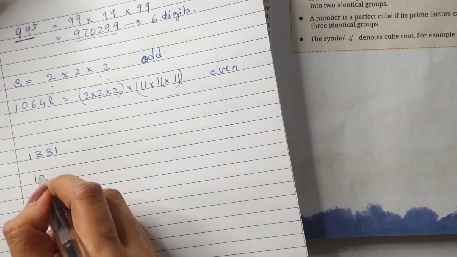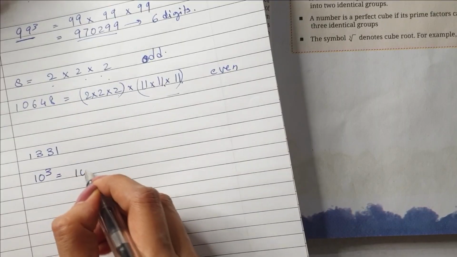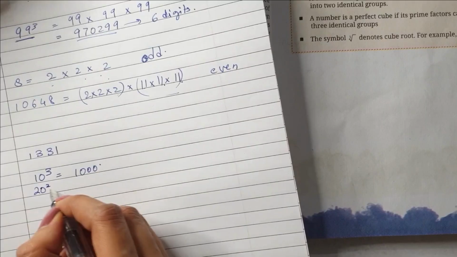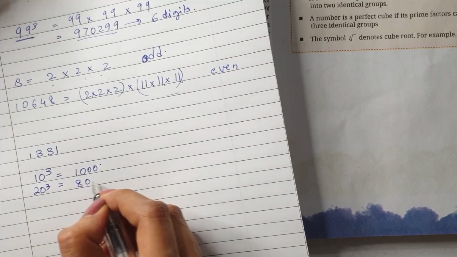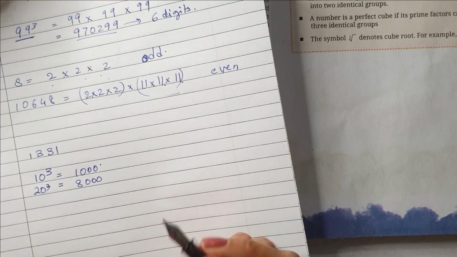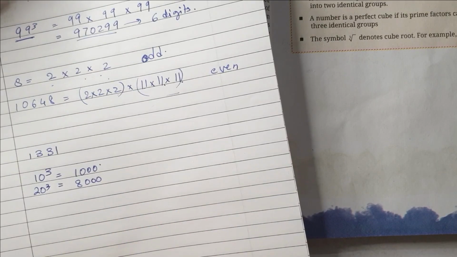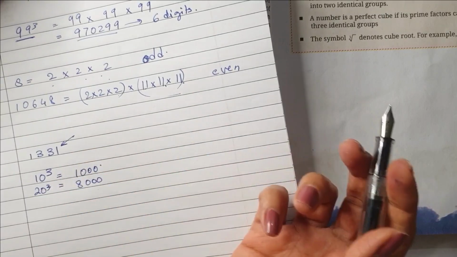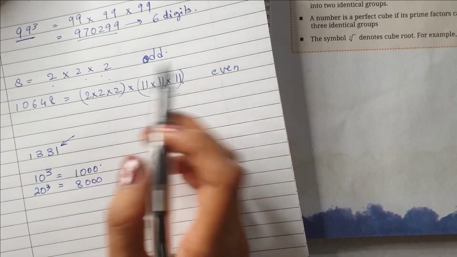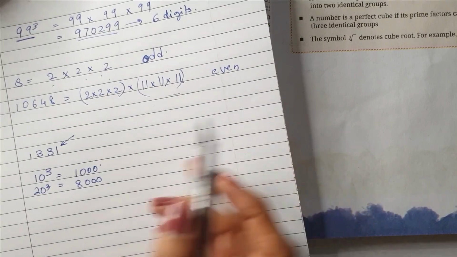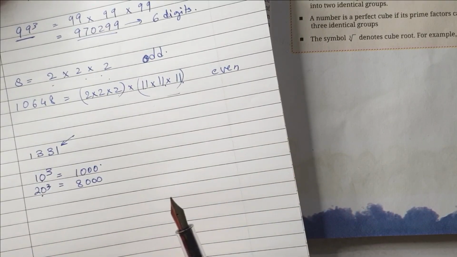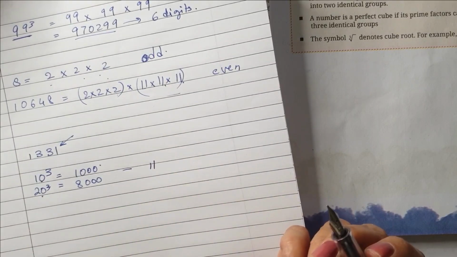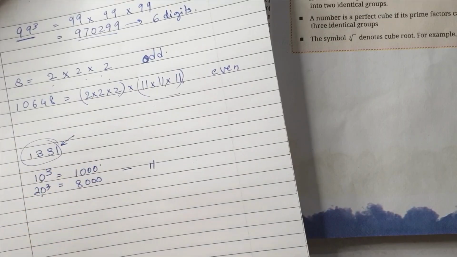We know that 10 cube is 1000, and we then know that 20 cube is 8000, right? Which means this has to lie somewhere in the middle, right? If it ends with 1, it means that the cube root also ends in 1, because 1 cube is 1, right? So if it has to be between 10 and 20 and it has to end with 1, which means it's 11, right?